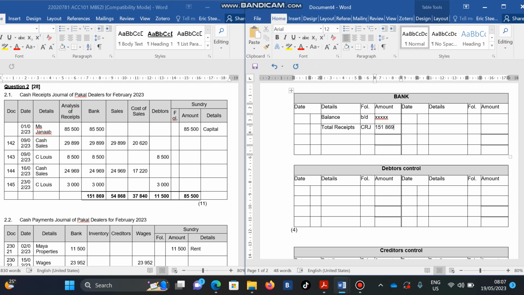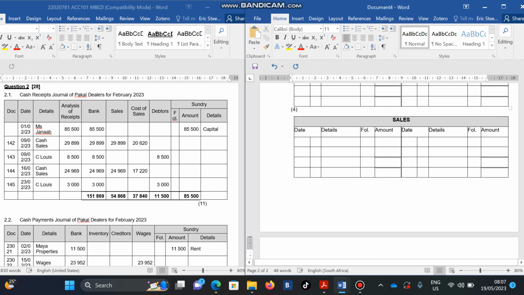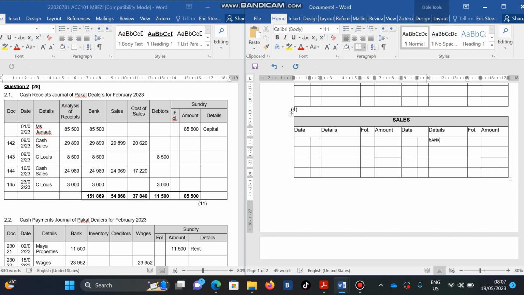Let us post sales. You look for a heading that says sales. I've indicated sales here. Now remember we said bank is debited. Everything else on this side should be credited. So sales will be recorded this side. Sales will increase on the credit side because of bank.